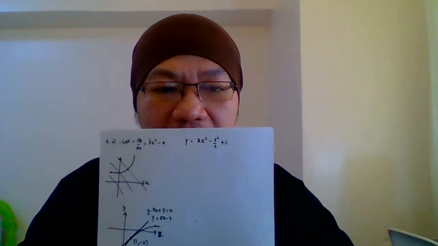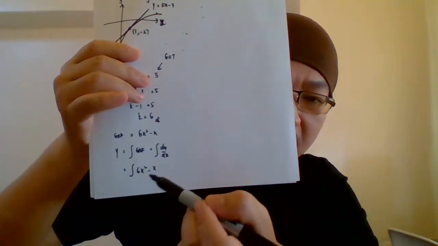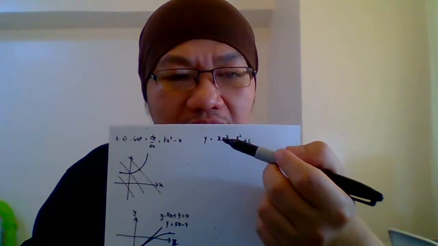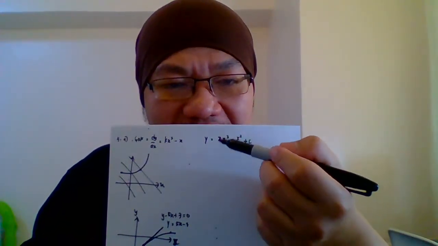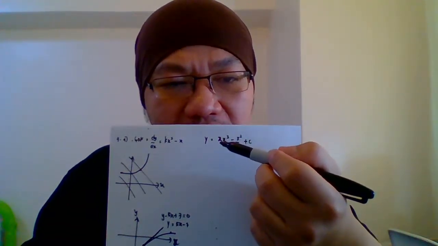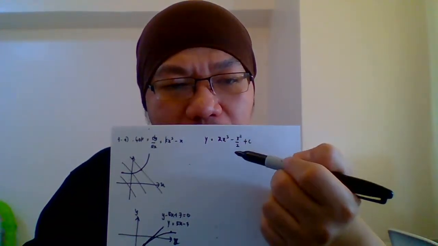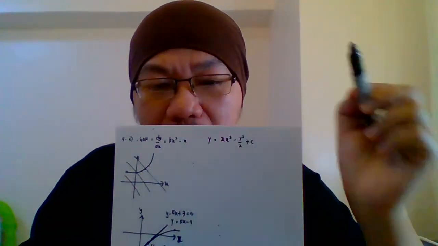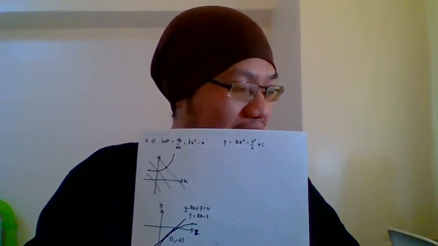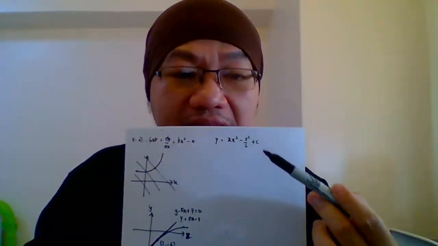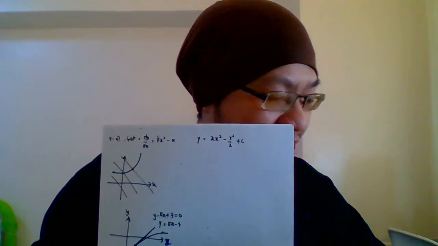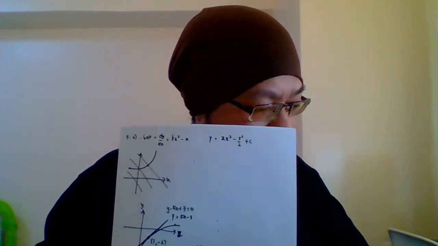That is your integration answer after you integrate this. 6x squared minus x integrates to become 6x cubed over 3. 6 and 3 cancel to become 2x cubed minus x squared over 2 plus c equals to y. I told you, with our answer in terms of c, you must determine the value of c.